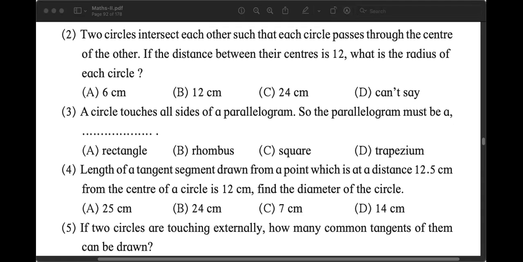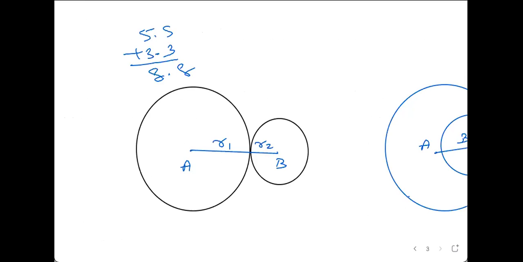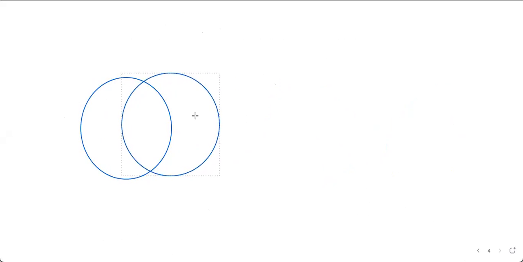Let us draw. I am drawing. First circle, suppose it is this circle. Second circle, suppose it is this circle. And it says they are intersecting such that they pass through the centers of each other.